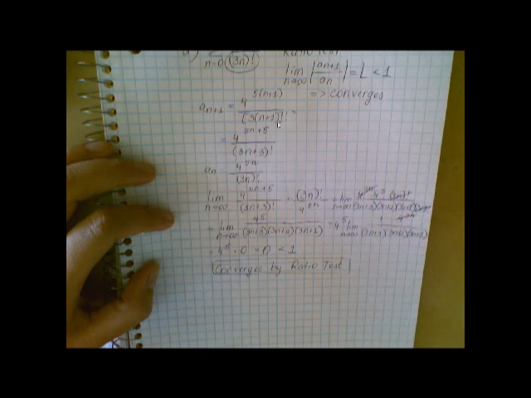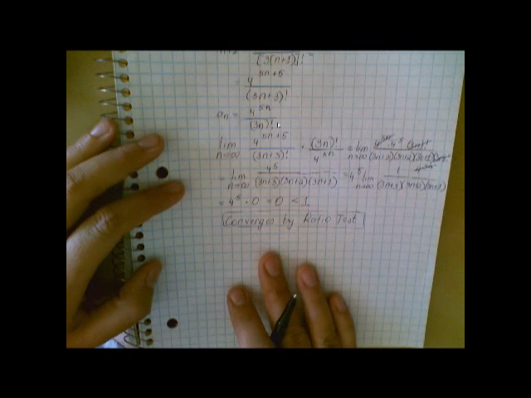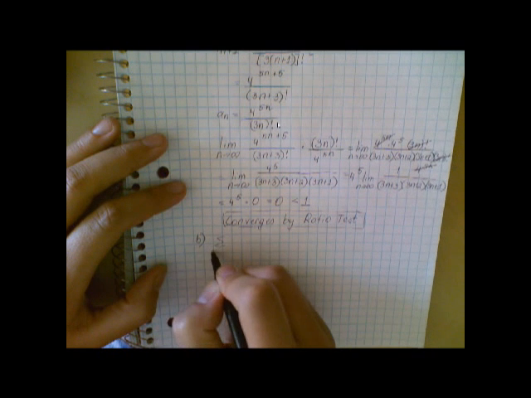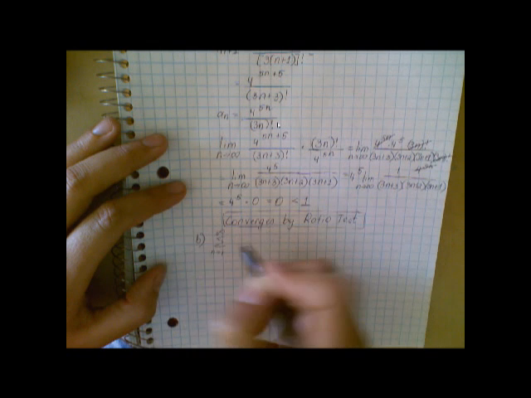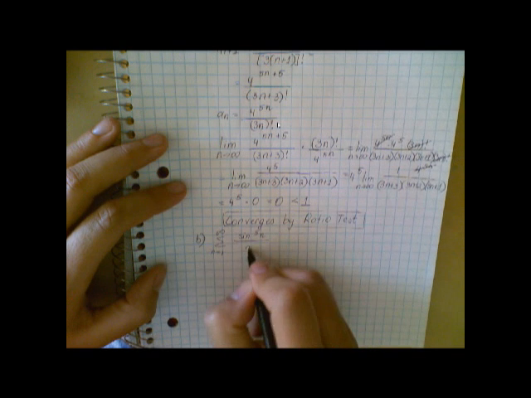So in part B, we will look at the series that has a trigonometric function. In this particular case, it's sine to the fifth of n over n to the 7th power.